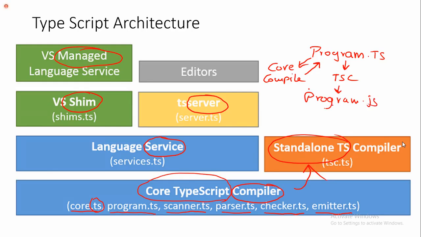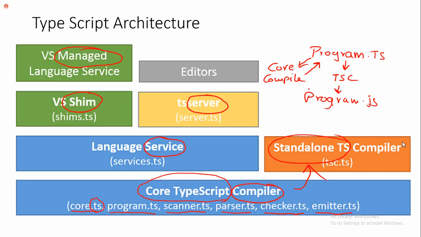We call this a transcompiler. The standalone compiler is a transcompiler. That means it will translate all the TypeScript code into JavaScript.